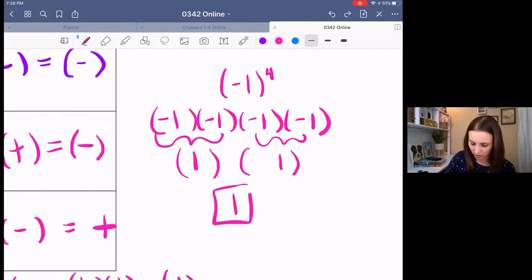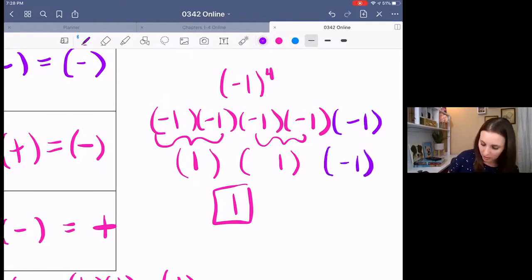So that's what I mean by multiplied an even amount of times, it creates those pairs of positives. If I had put one more in there, then my answer would come out negative. So the odd piece there at the end makes your answer negative.